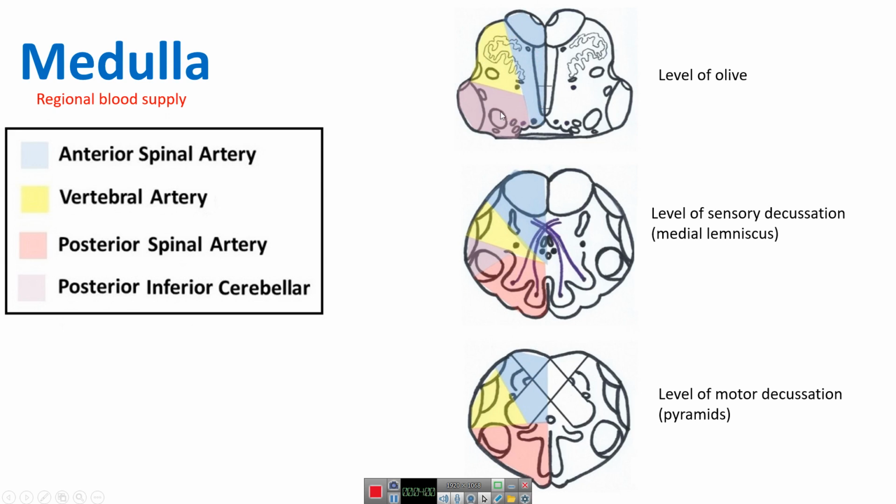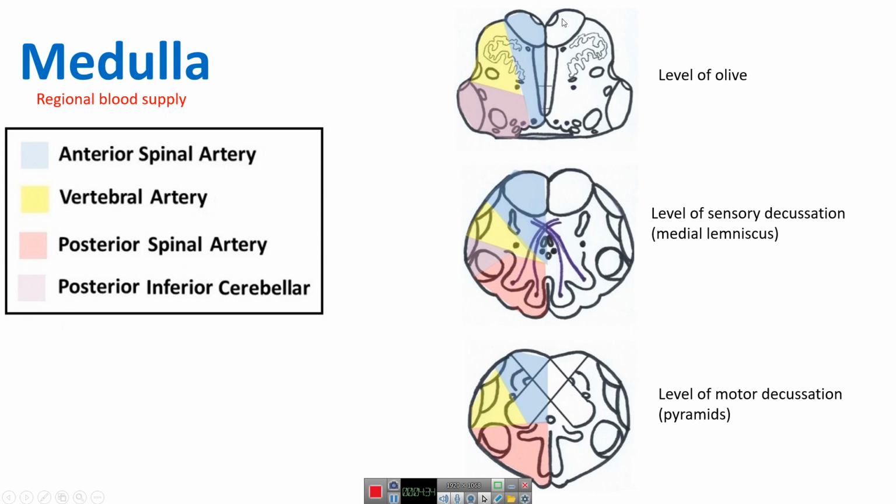Then followed by the vertebral artery branches, nearly the anterolateral part, and then the posterior spinal artery supplying this posterolateral part of the medulla, and then lastly the posterior inferior cerebellar artery, which is the PICA, supplying the posterior part of the lower levels of the medulla at the motor decussation.